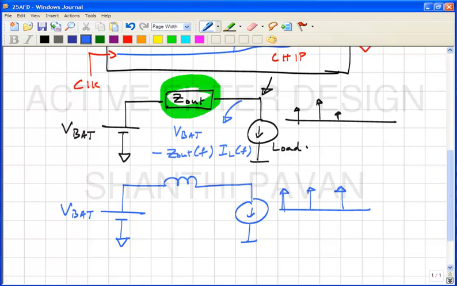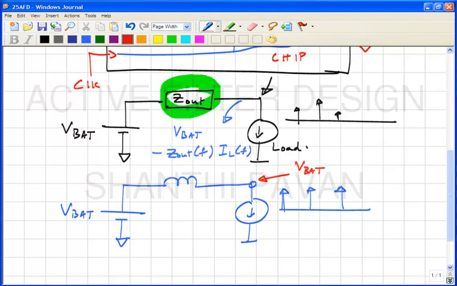You understand? So what is the DC voltage at this node? V bat. Why? Because the DC voltage drop across an inductor in steady state will always be 0. So this DC voltage will always be V bat.